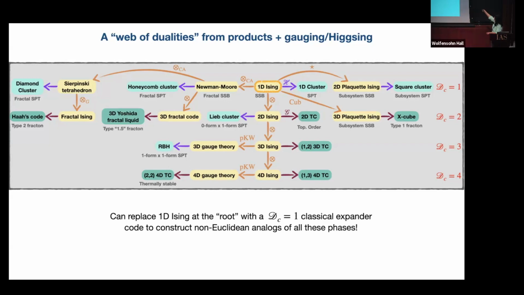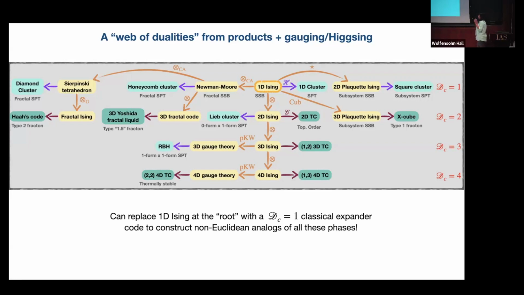By the time you get to chain complex dimension 3, you can get even more of these gauge theories, but you can also get SPTs, which are very, very robust because the extra layers in the chain complex basically promote zero form symmetries to one form symmetries because they give you these local constraints and these local relations. So by going down this path, you can get more and more souped up models.